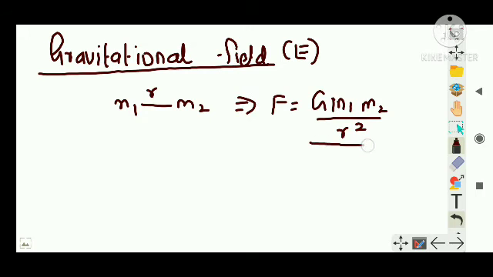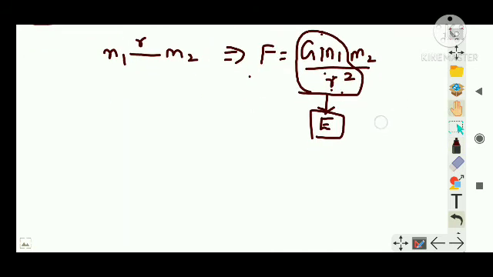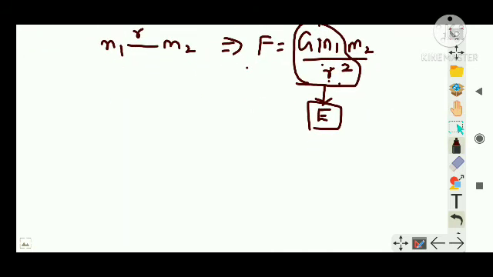Now this G m1 by r squared, I will call this term as gravitational field E. That is, we may interpret E as the intensity of the gravitational field of mass m1, right? It is the intensity of gravitational field of mass m1, and can be defined as the force experienced by unit mass in the gravitational field of mass m1.